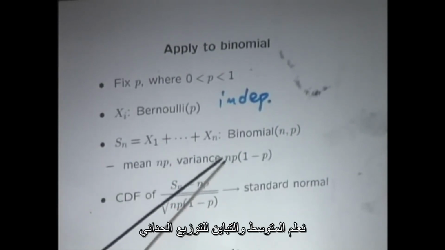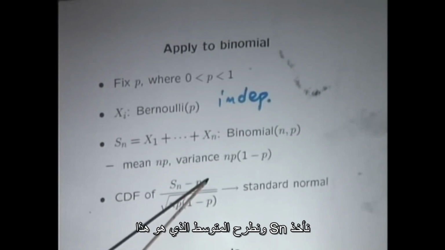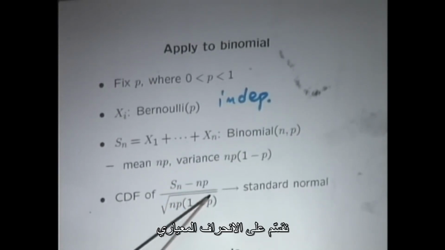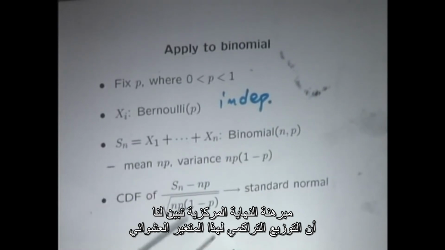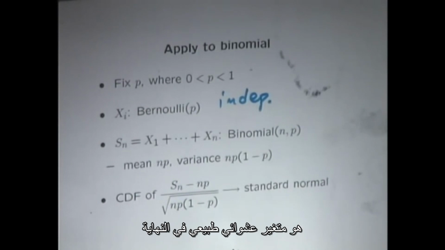We know the mean and the variance of the binomial. So we take Sn, we subtract the mean, and divide by the standard deviation. The central limit theorem tells us that the cumulative distribution function of this random variable is a standard normal in the limit.